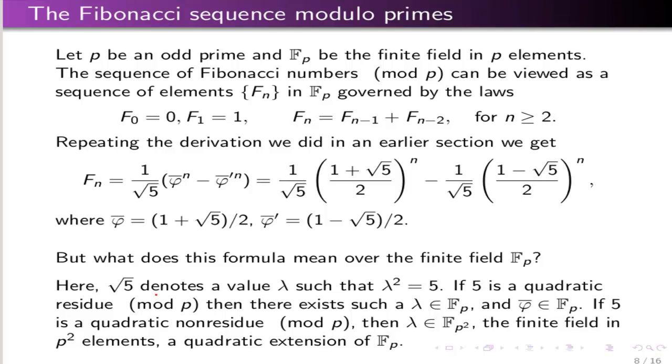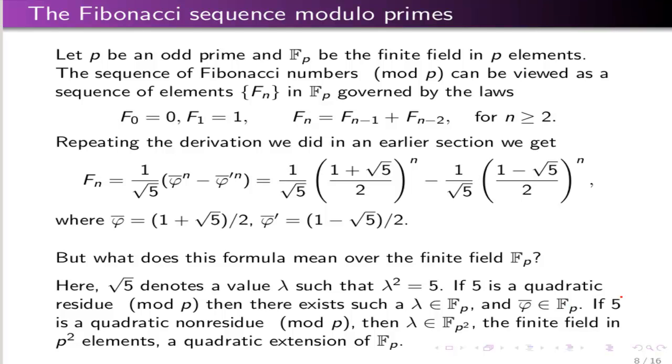So the square root of 5 denotes some value lambda with lambda squared being 5. So if 5 is a quadratic residue mod p, then there will actually be some element in F_p that satisfies this equation. And so we get that phi bar, this golden ratio here, is an element of F_p.